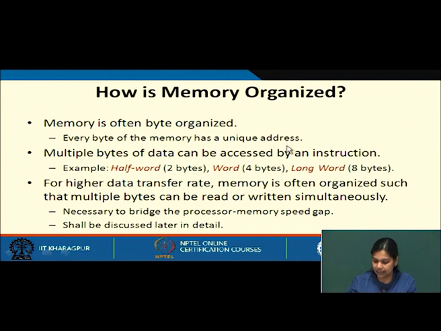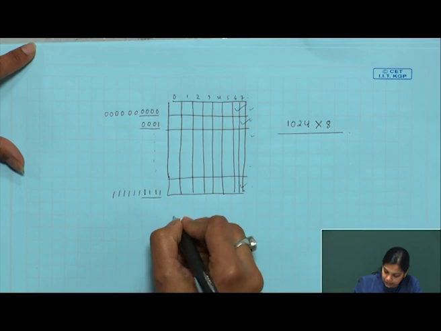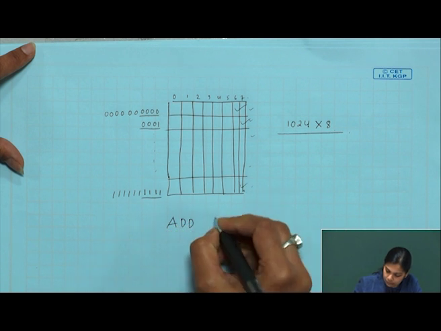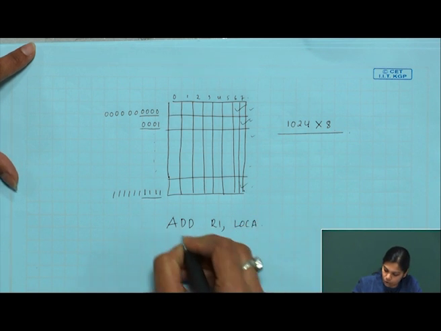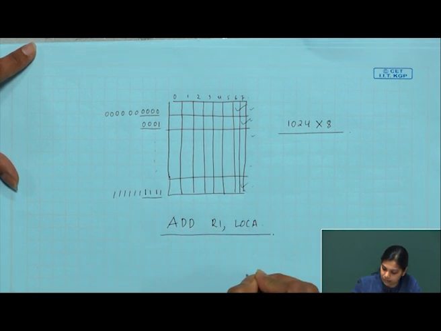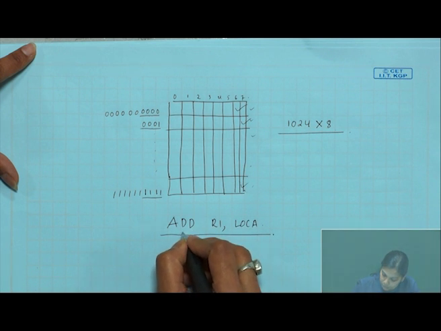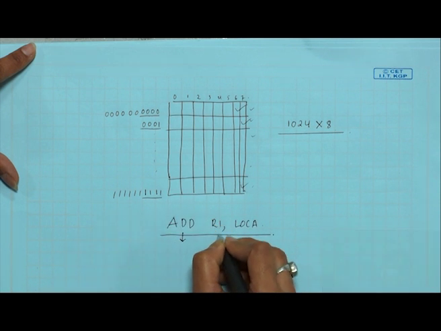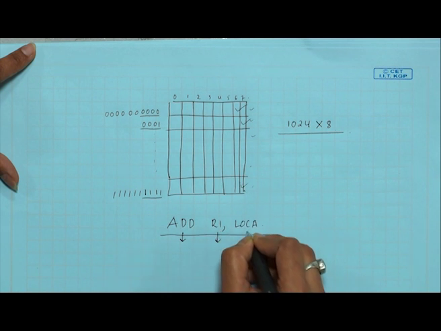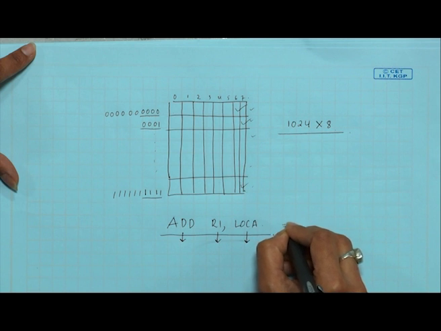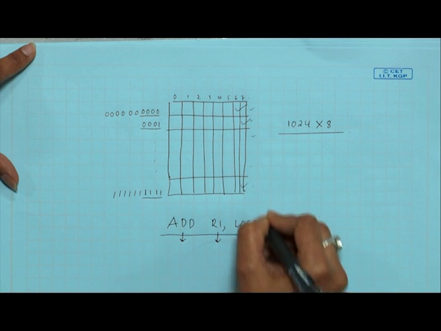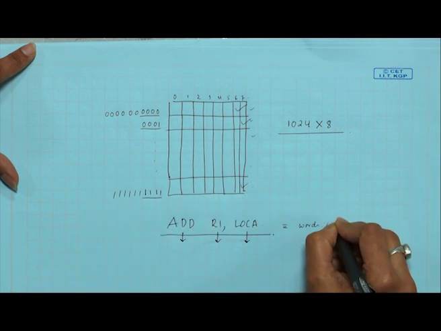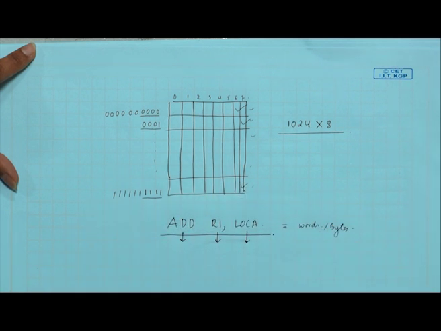I will just take an example, like add R1, LOCA. If you consider this instruction, it depends on how many bits the add opcode will have, how many bits this register will have, and how many bits this location will have. This will define how many words or bytes this instruction will have.